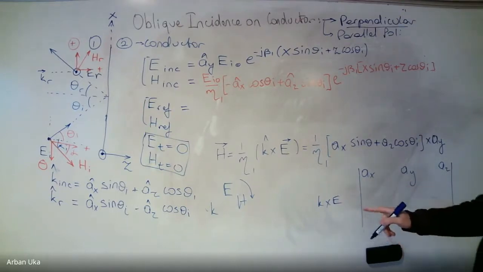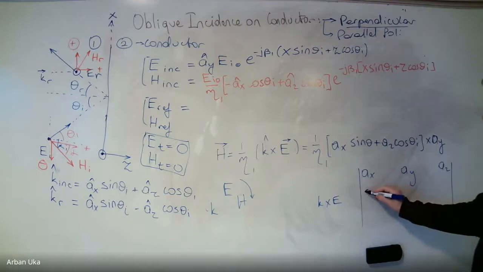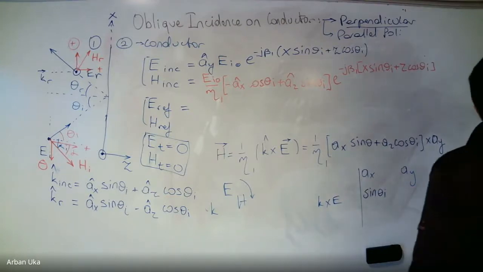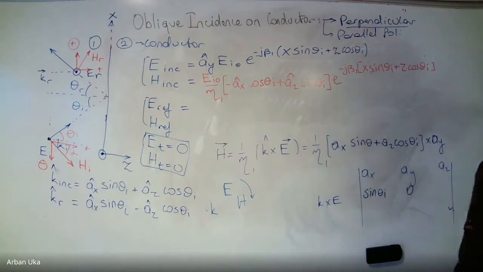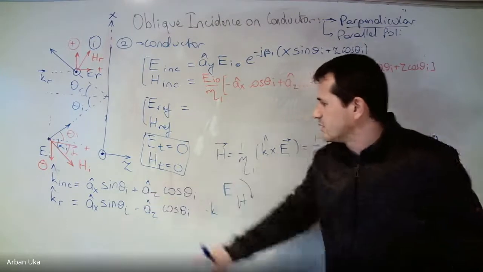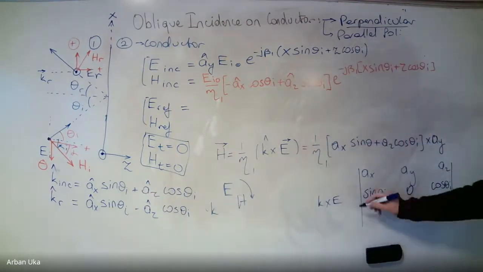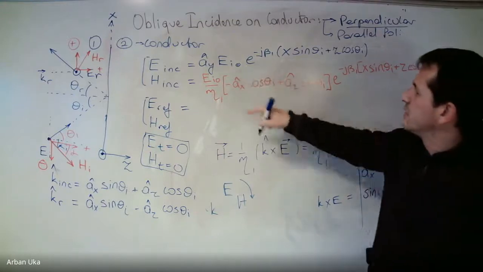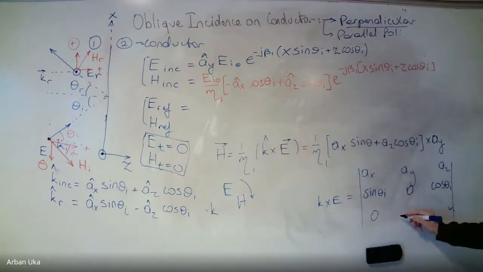K is equal to sine theta I AX, and cosine theta I AZ, and then I believe we have no component along the Y. And for the E, the components of the electric field, it is only along the AY. So this is 0, and along the AY, we have these values, okay?